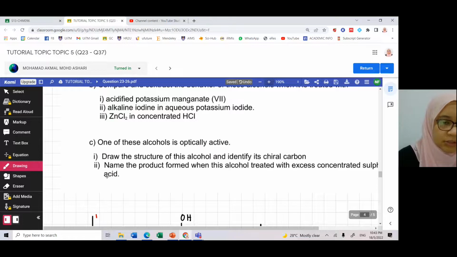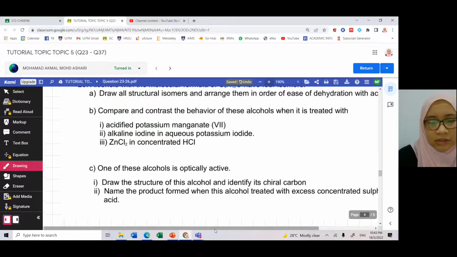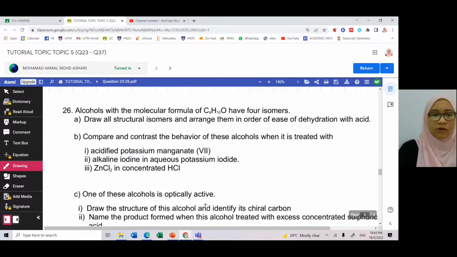So number 26. Alcohol with the molecular formula of C4H10O has 4 isomers. This is the chemical formula given to us, and this is the info. So it is stated here that based on this chemical formula, it has 4 isomers.